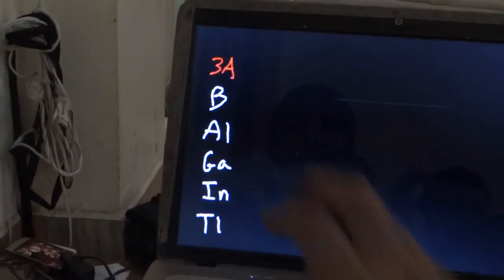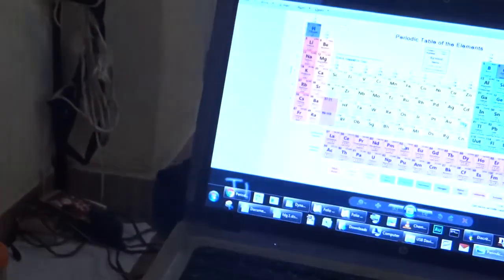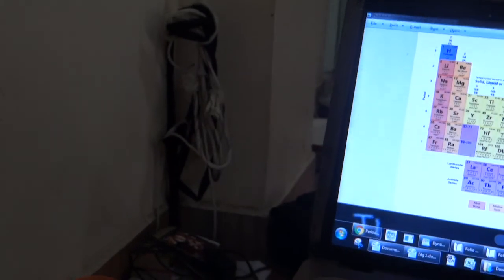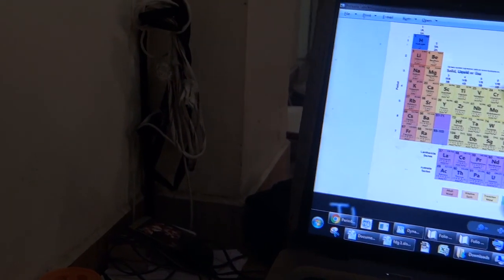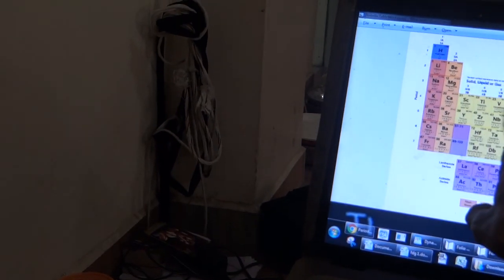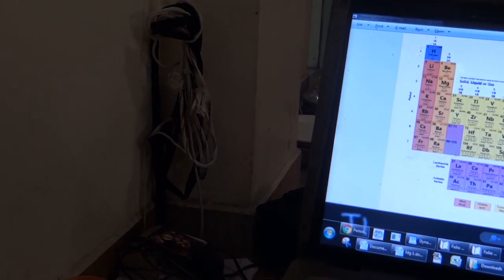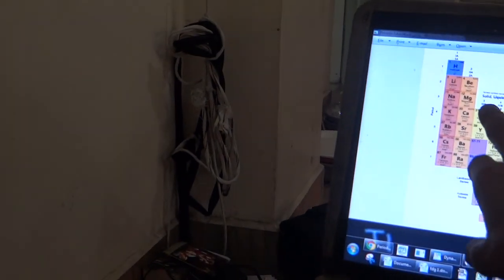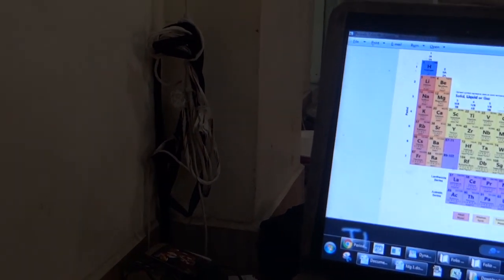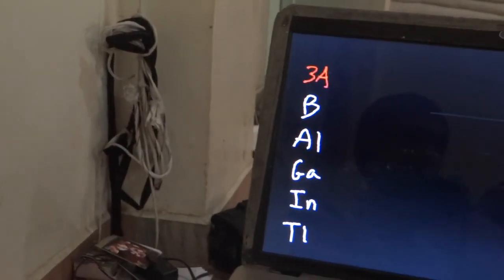There are two nomenclatures: 1A, 2A, 3A, 4A, 5A, 6A, 7A, 8A, then 3B, 4B, 5B, 6B, 7B, 8B. And another is 1, 2, 3, up to 13 to 18. So 3A is written for group 13.